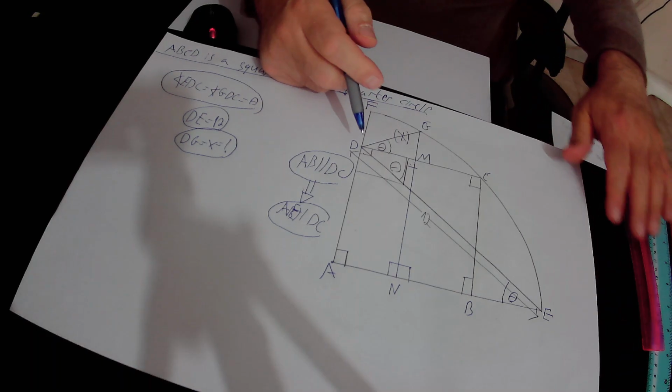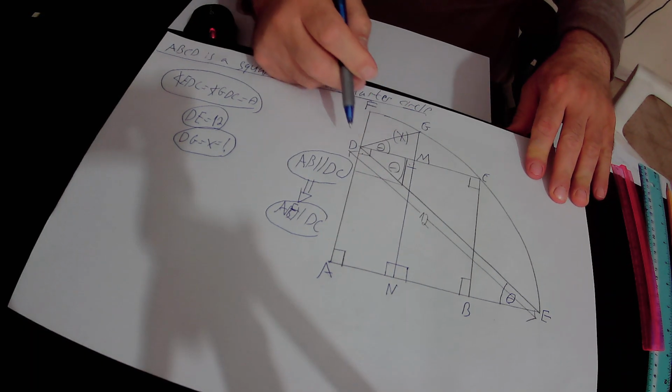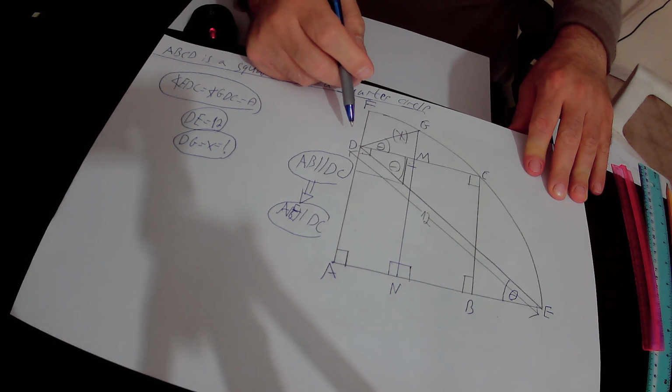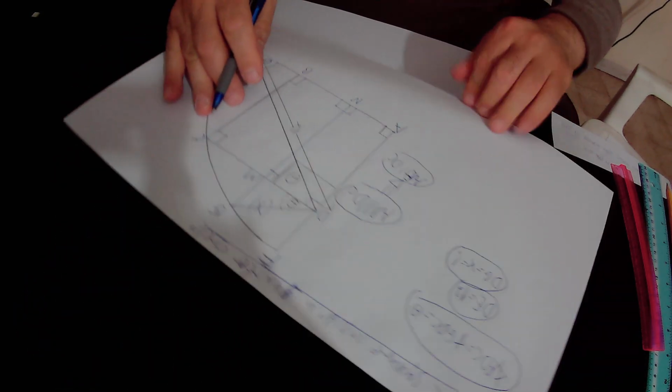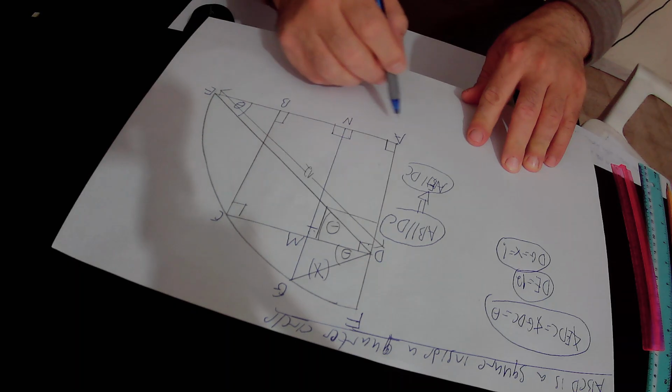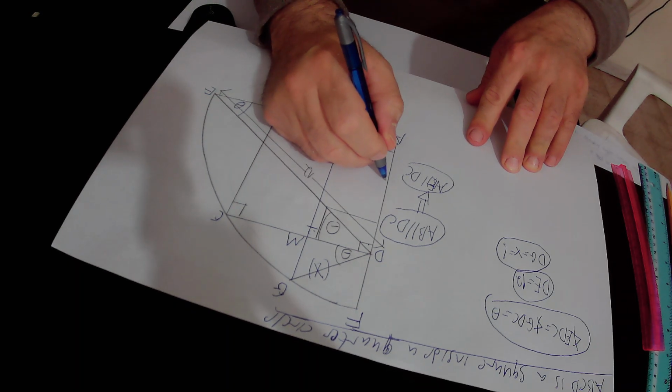So we relate to this quadrilateral DMAN with 4 right angles as a rectangle. So I write it down here. Quadrilateral DMAN is a rectangle because it has 4 right angles.